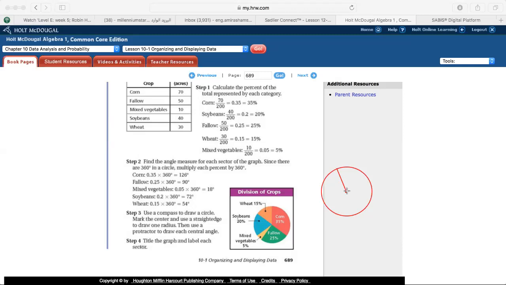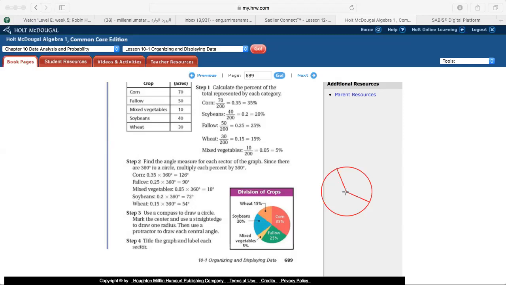Then I'm going from here to draw each central angle. I will start, for example, by the corn, which is 126. I will put my protractor here and I will make angle 126. 126 is an obtuse angle, so it will be like this here. Then from this point also, I'm going to draw the fallow.